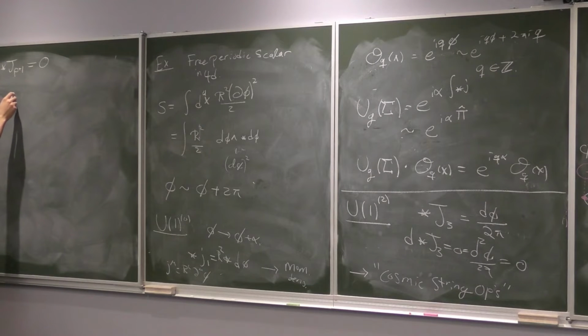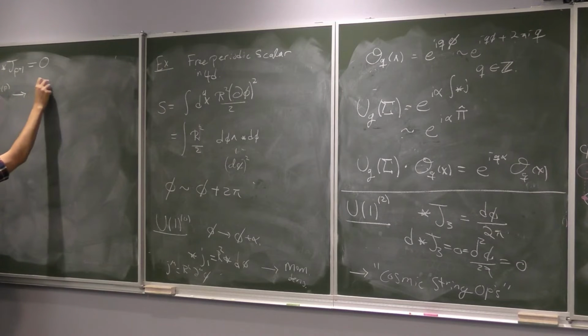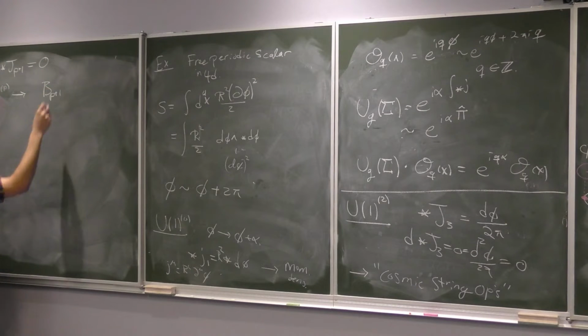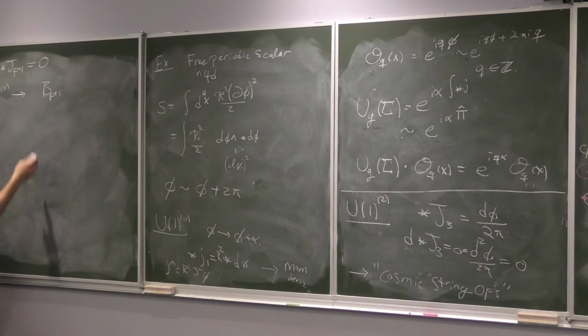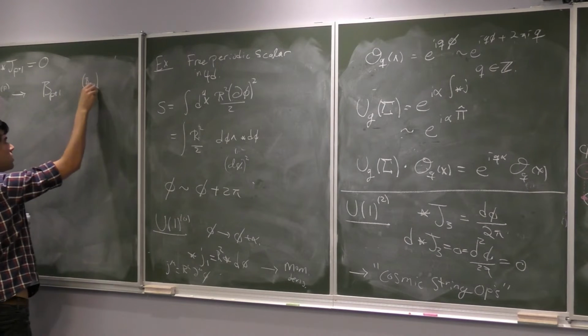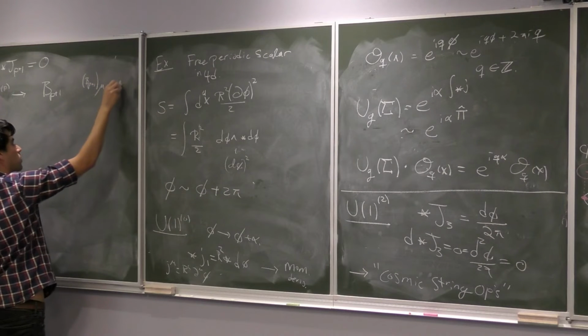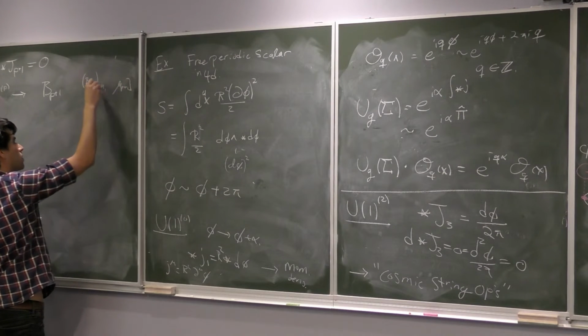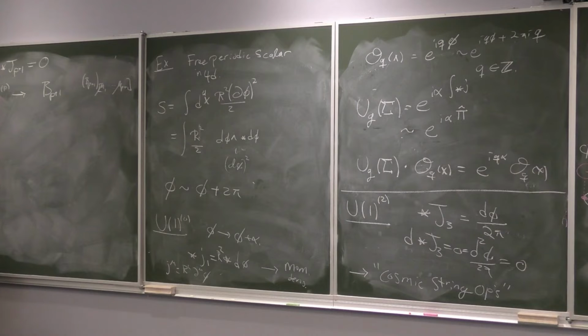So you can couple this to a background p plus 1 gauge field, B p plus 1. Again, this is a p plus 1 index antisymmetric tensor, and it also has gauge transformations.